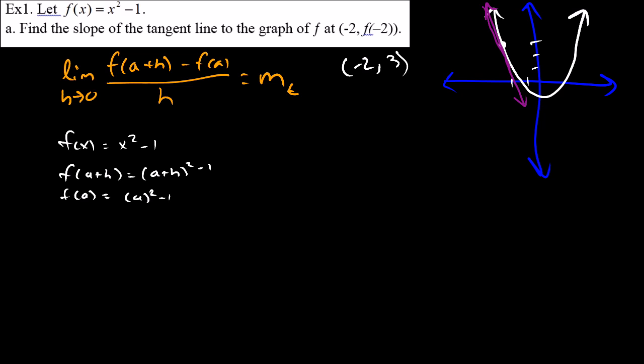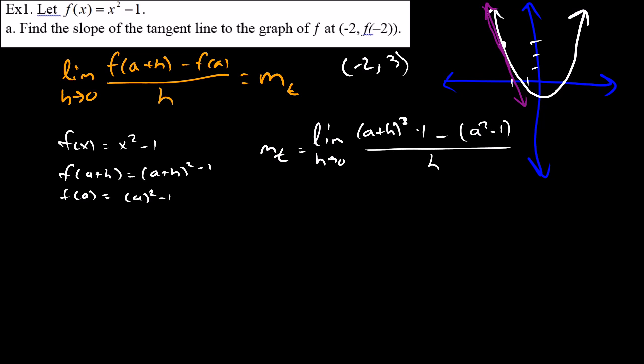Now, if we look at our slope, we have the limit as h approaches 0 of f of a plus h, which is a plus h squared minus 1, minus a squared minus 1, all over h.